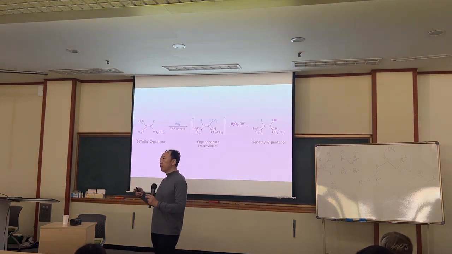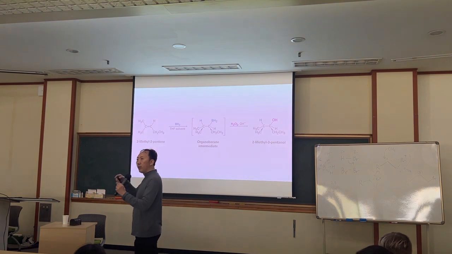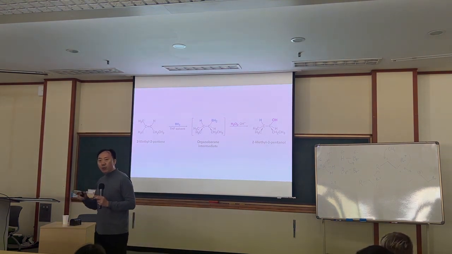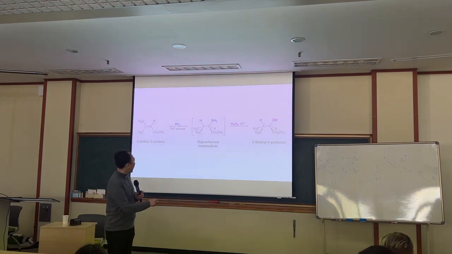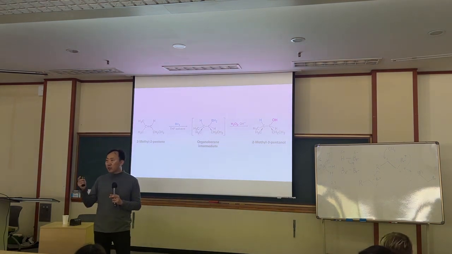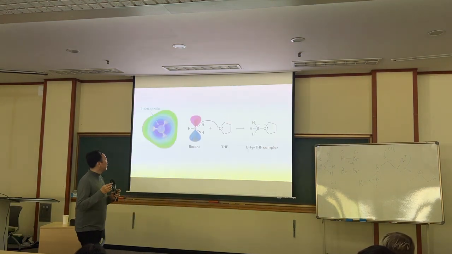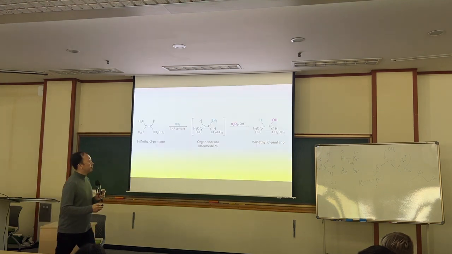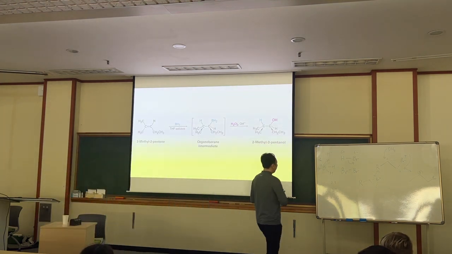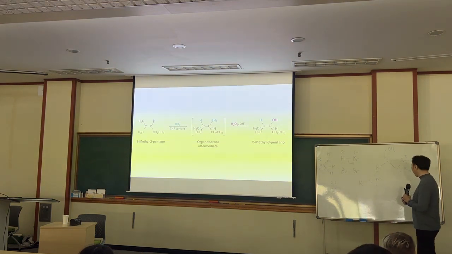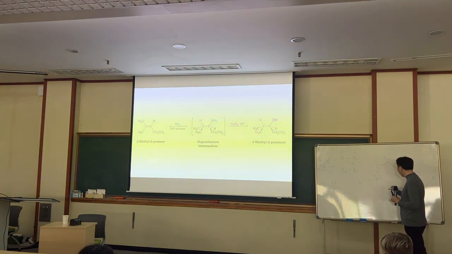The other method, we add a boron reagent and then remove boron oxidatively, and hydroxyl is added in that position. A little complicated, but this is the most complicated part. If you overcome this, then you can go downhill.